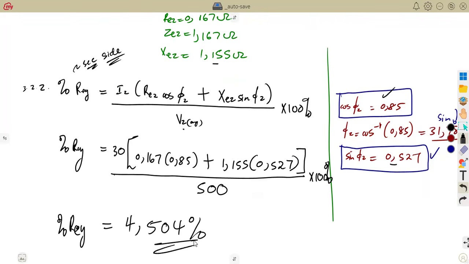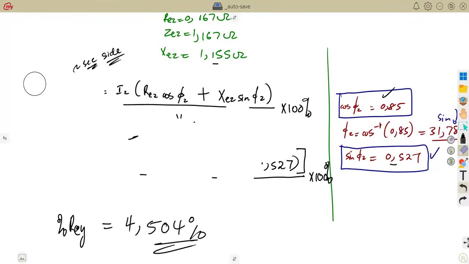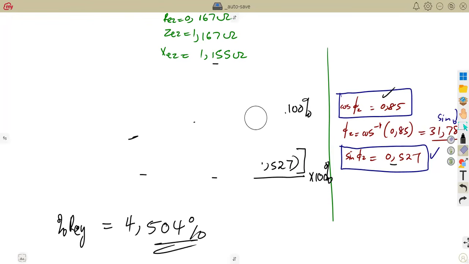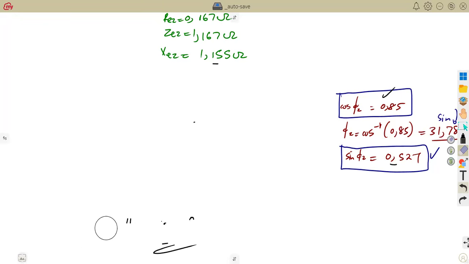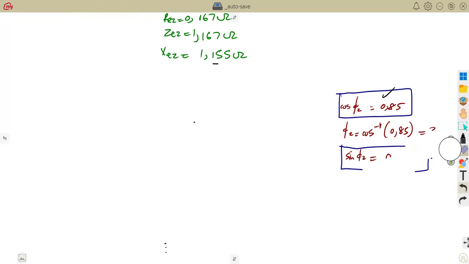So this is what you simply obtain, just like that. So this is it, guys, just a matter of substituting. Take note of the information: how are you given the information? For which conditions are you calculating that percentage regulation?